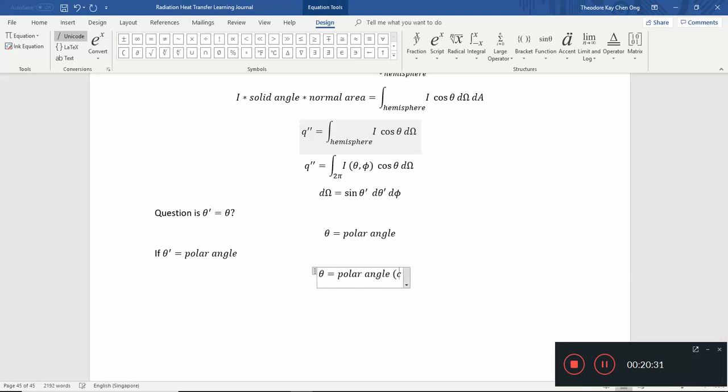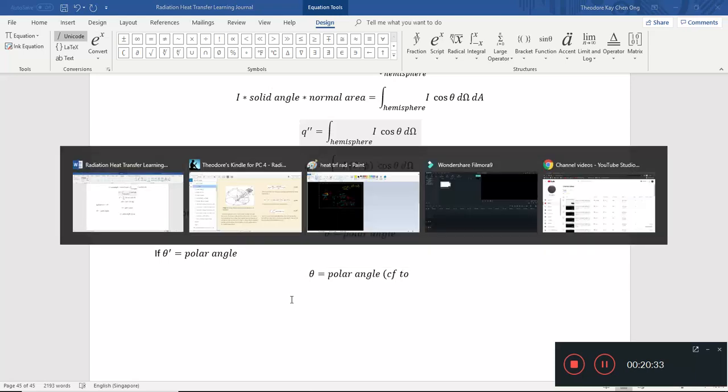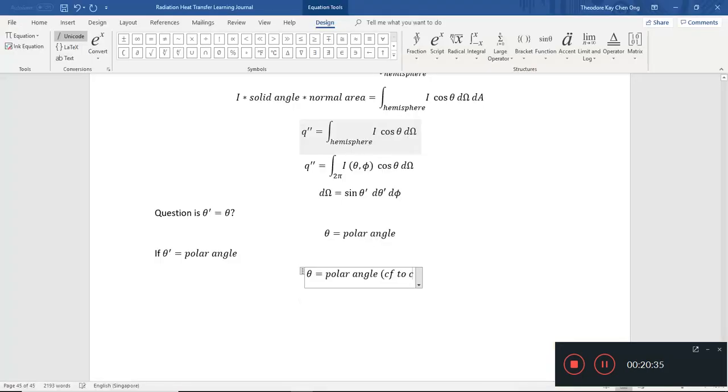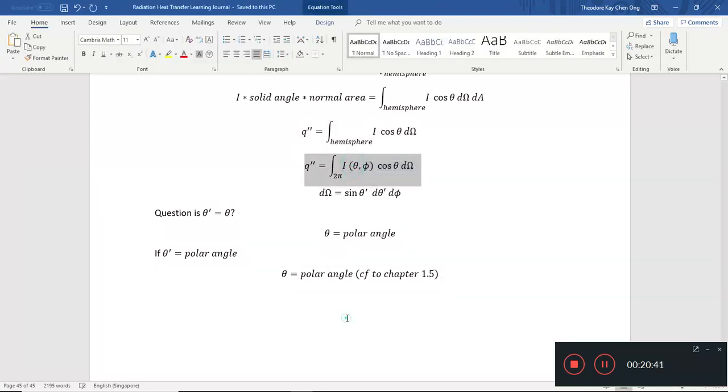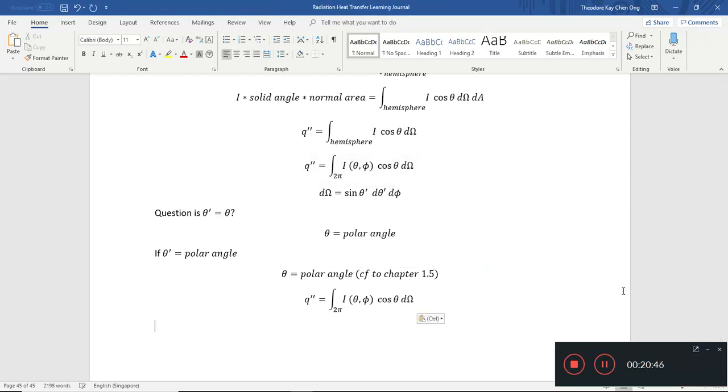We need to refer to chapter 1.5 in Michael F. Modest's book. So basically you can put this as so. I'll just put an equal sign. The other way of writing it is to integrate from 0 to pi by 2.